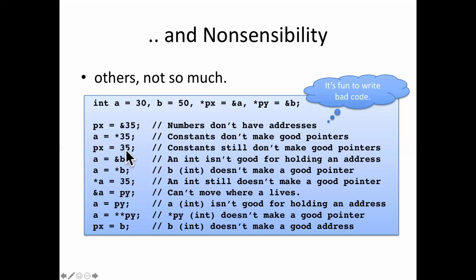I'm trying to take just a plain old number and put it in a variable meant to hold a pointer. Now the compiler, unless you're willing to do a cast, is going to say 35 is an int. It's not a pointer to an int, even though, again, pointers are just numbers. Unless this 35 has the right type, the compiler won't let you do this assignment. I'll encourage you to take a look at the rest of these and try to get some familiarity with what pointer operations make sense, and for this slide, what pointer operations don't make sense.